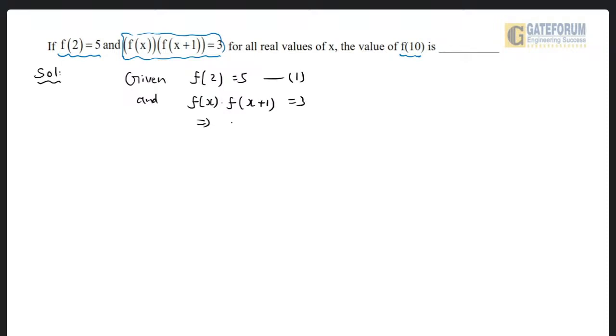From this, I can find f of x plus 1, which is equal to 3 upon f of x. To find f of 10, put x equal to 2, since f of 2 is already given. When I put x equal to 2, you will get the next value, f of 3. So don't put x equal to 1, no use, because the f of 1 value is not given. Put x equal to 2, 3, and so on till 9, successively, one after another.